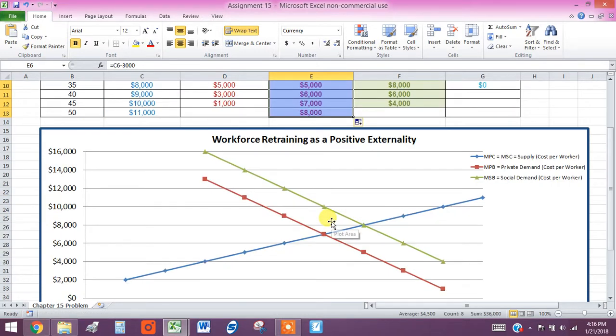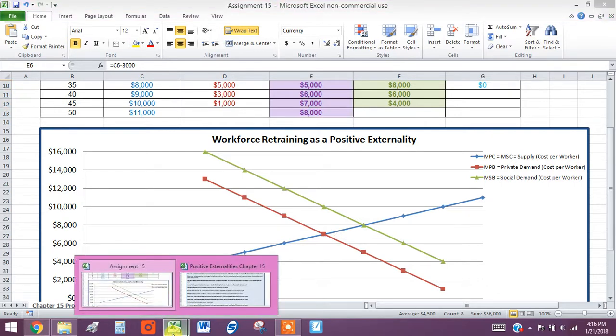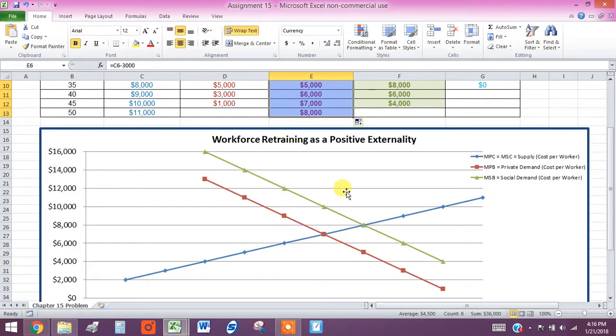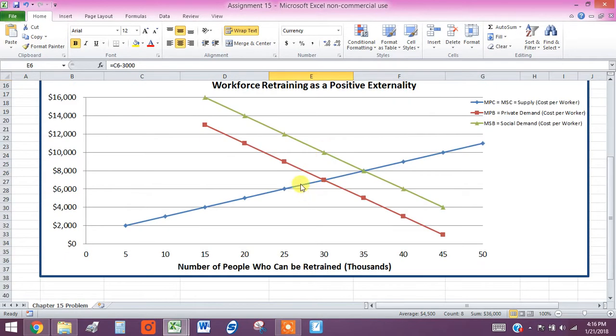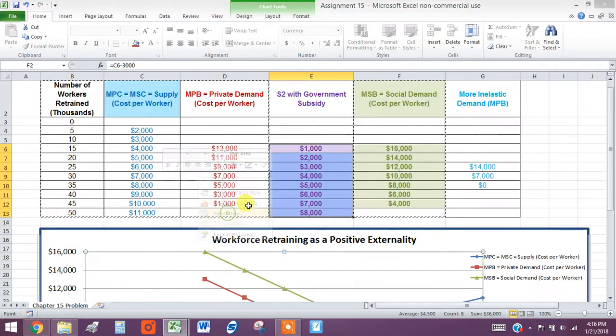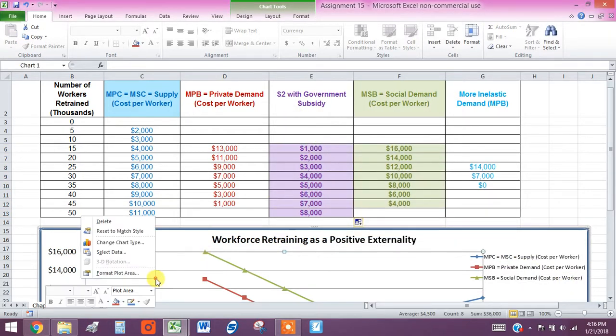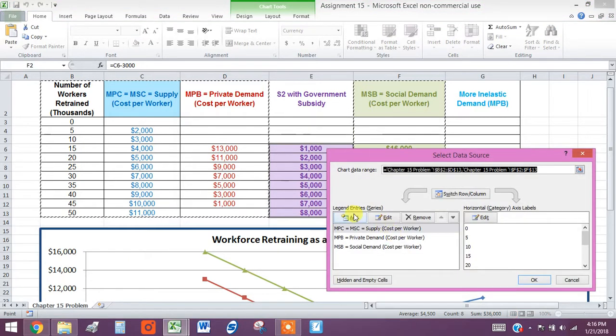And then I'm asking you to plot it, right? Let's see. Yes, plot it. So we come back over here and we're going to add this. Select data, add.